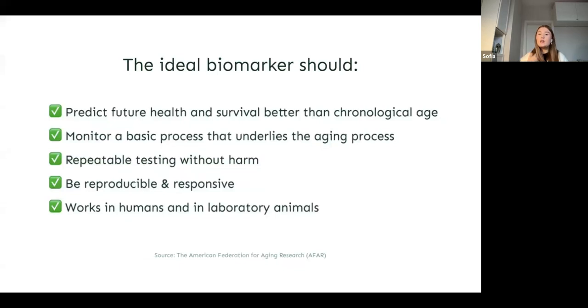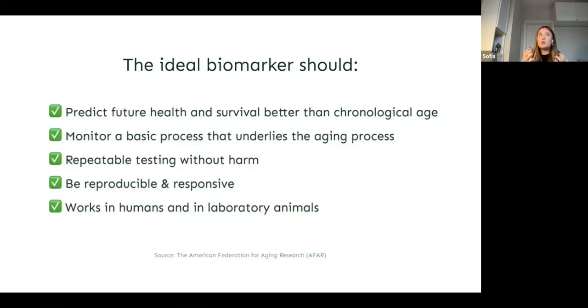So let's start with understanding what the ideal biomarker should be. This is specifically catered towards the longevity industry. So we want a perfect biomarker to be able to predict future health and survival better than chronological age. We want to monitor a basic process that underlies the aging process.